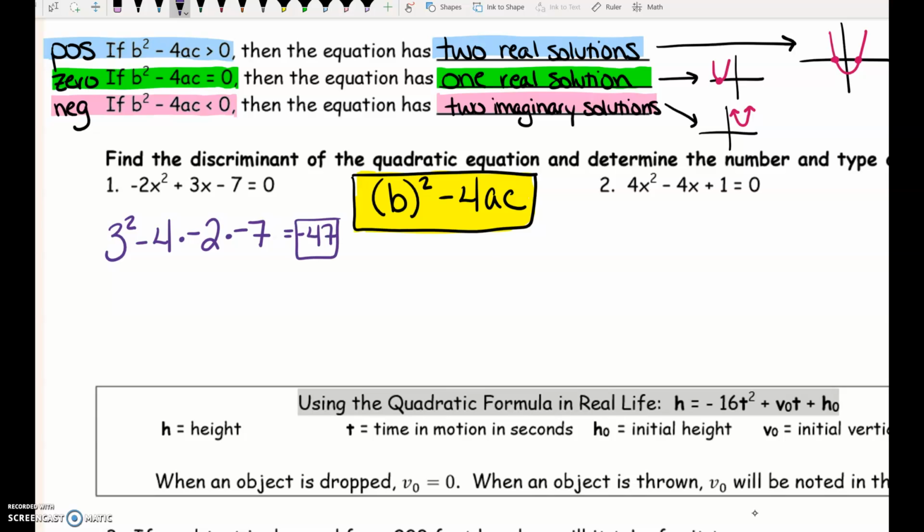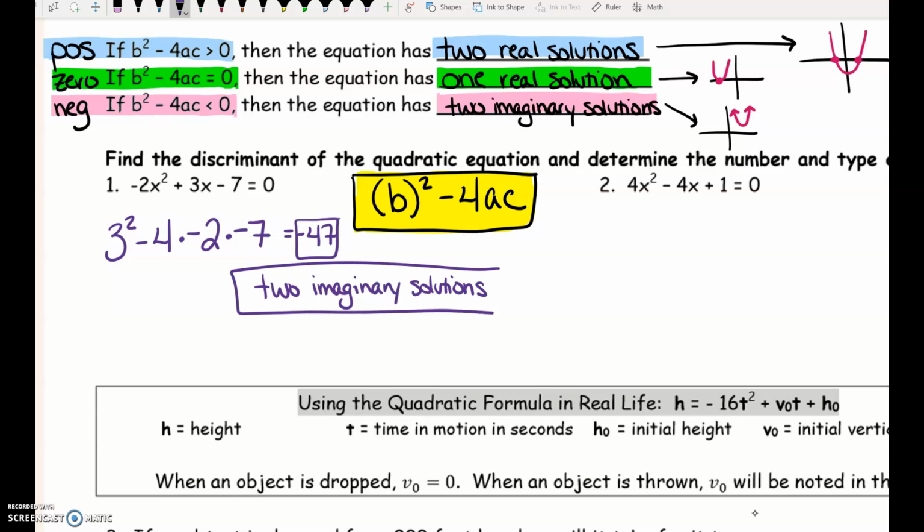What does the discriminant of negative 47 mean? Blue, green, or pink? Is it going to be 2 real, 1 real, or 2 imaginary? 2 imaginary solutions. Now, I haven't looked at the chapter 3 test yet, but you know the test questions where there's tiles and you have to drag one tile and connect it to the thing it matches with, like the drag and drop matching?